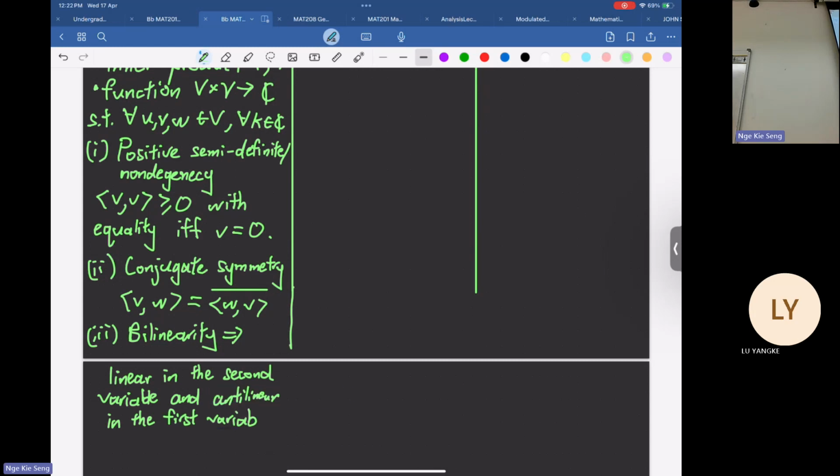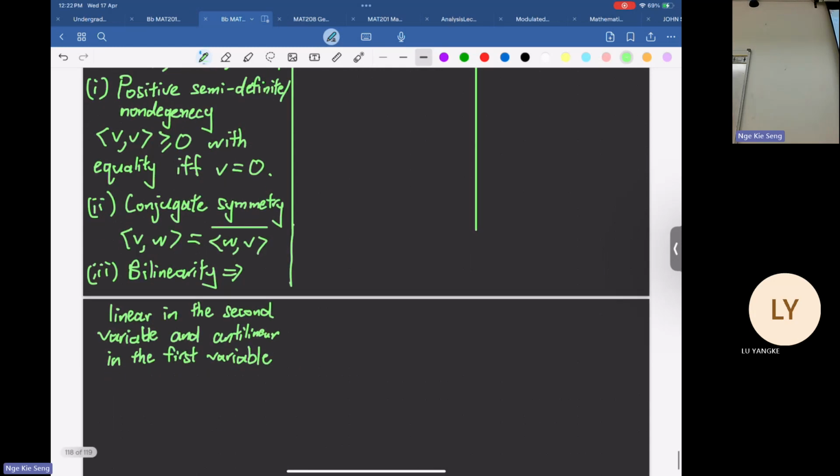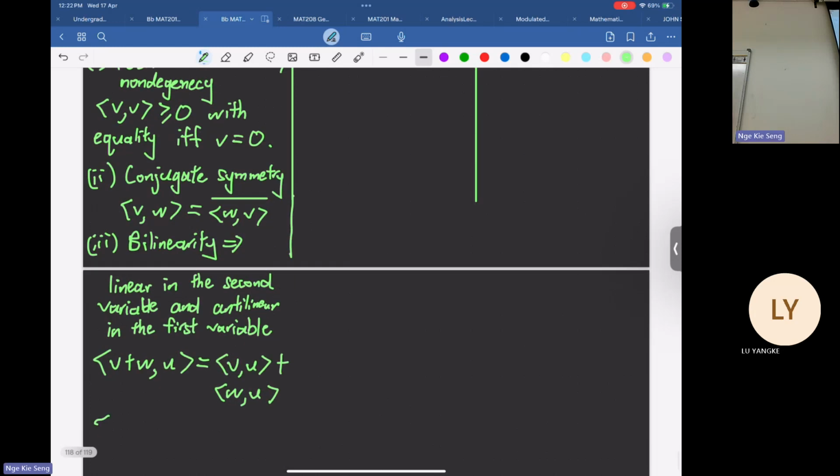What does this mean? Let me write it down in equations. If you do v plus w dot u, you will get v dot u plus w dot u. Or if you do kv dot w, you will get k bar times v dot w.